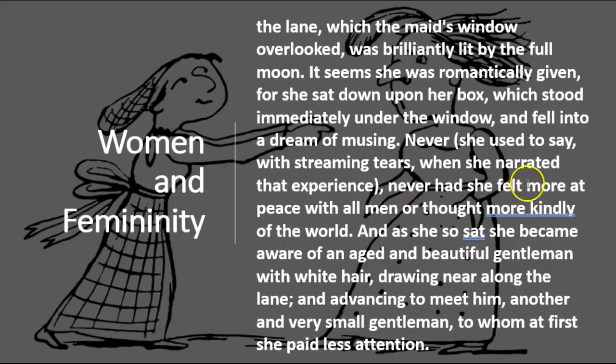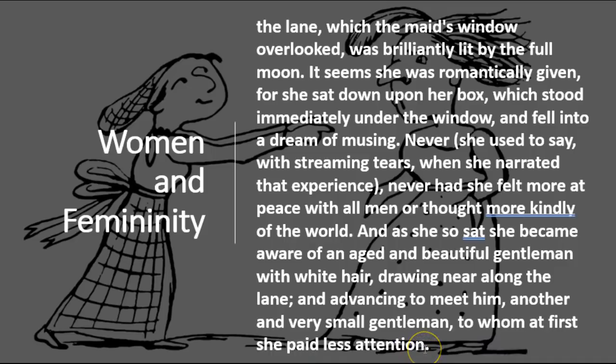"Never had she felt more at peace with all men, or thought more kindly of the world." You see how he's over-exaggerating, using hyperbole, to suggest how wonderfully feminine she is. "And as she so sat, she became aware of an aged and beautiful gentleman with white hair drawing near along the lane and advancing to meet him, another and very small gentleman to whom at first she paid less attention."